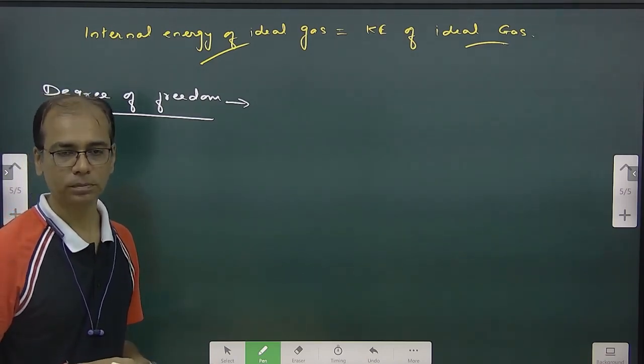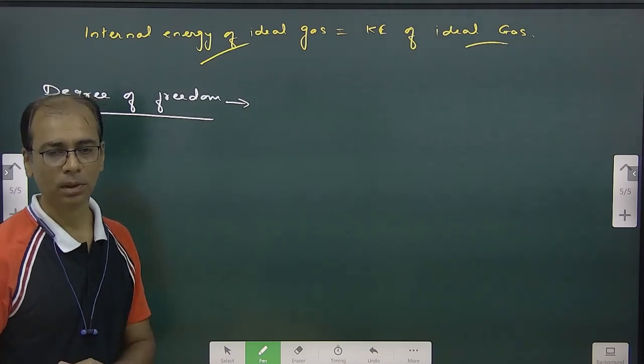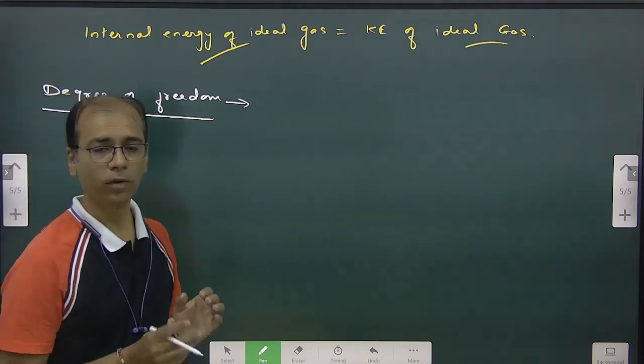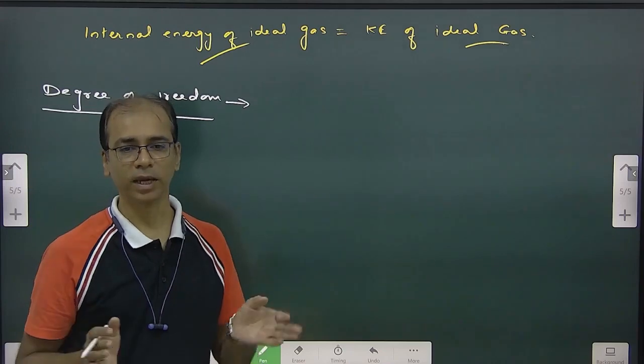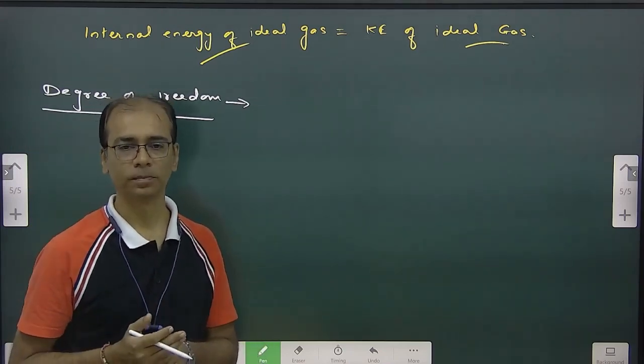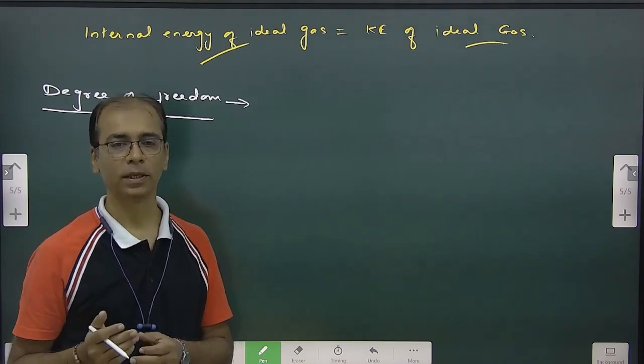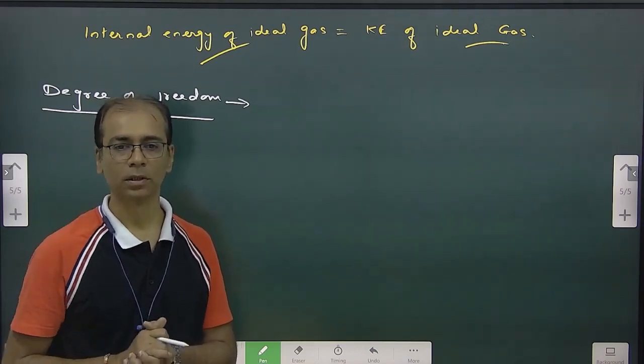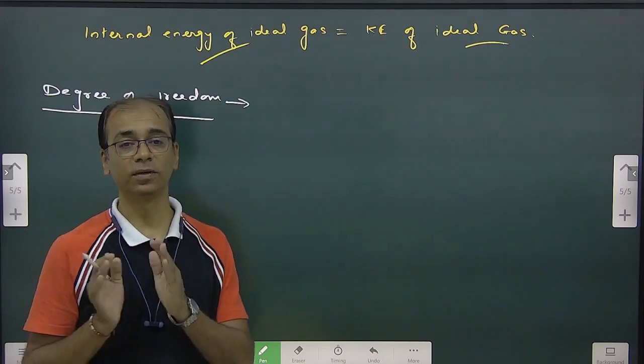Now, what is degree of freedom? Degree of freedom is defined for different types of gases: there is monoatomic gas, there is diatomic gas, and then there are polyatomic gases. So every gas has a different degree of freedom.